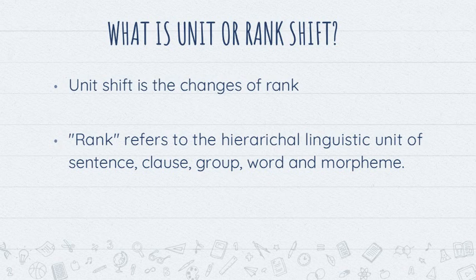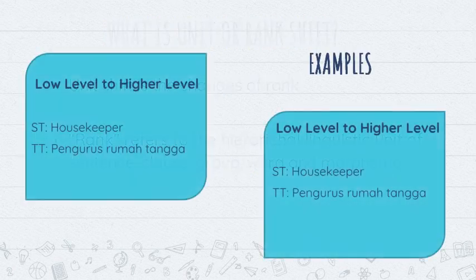It means that the shift is from word to phrase. Unit shifts can also be from low level to higher level or from high level to lower level. It is caused by the differences of the amount of meaning component in different concepts.